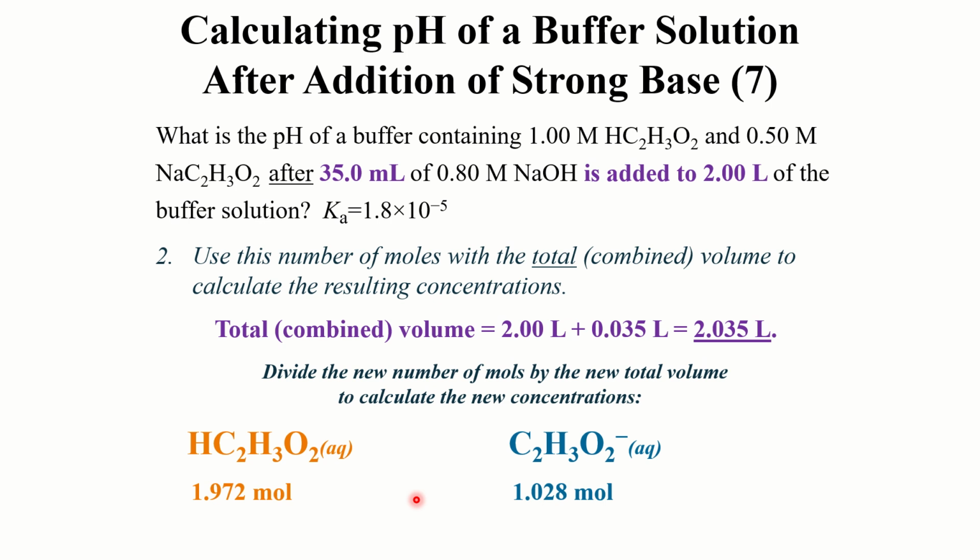We're going to take those mole values and divide by the new total volume to calculate the new concentrations. So dividing the 1.972 moles by the new volume and the 1.028 moles by the new volume, this gives us concentrations of 0.969 molar for the acetic acid and 0.505 molar for the acetate.